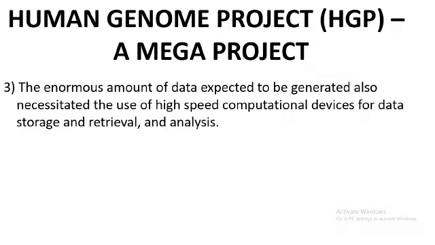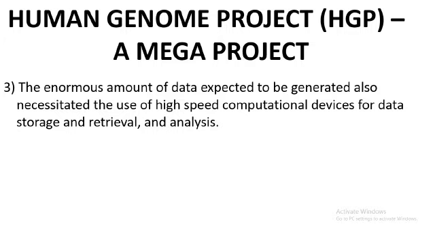They had to develop high speed computers for storing the data, for retrieving it, and for carrying out analysis. So therefore, this is the other important requirement that Human Genome Project gave rise to. Hence, IT people started working on this.